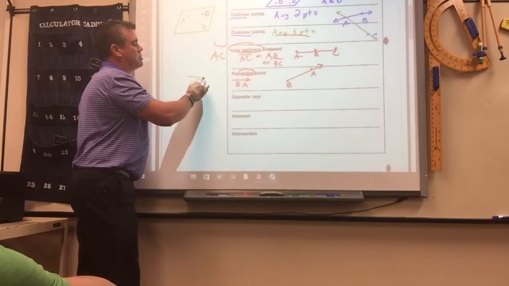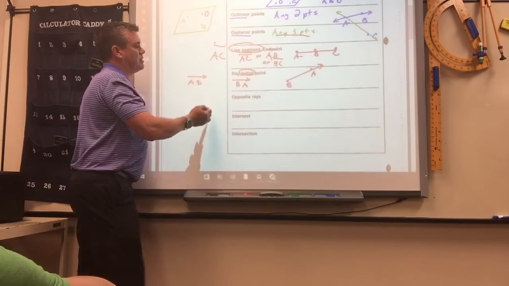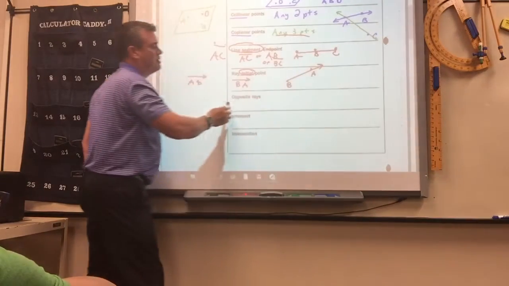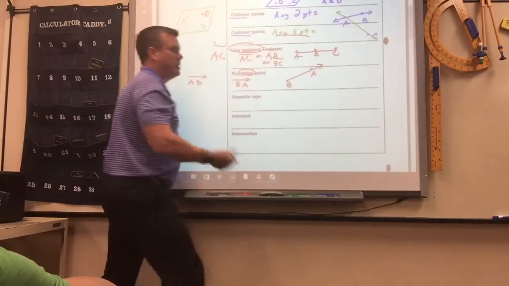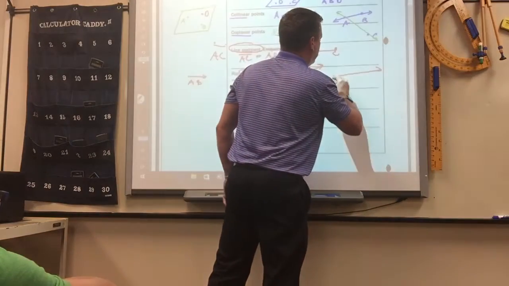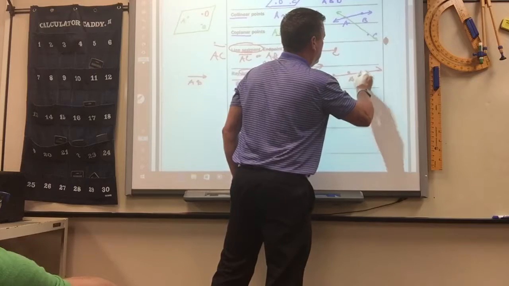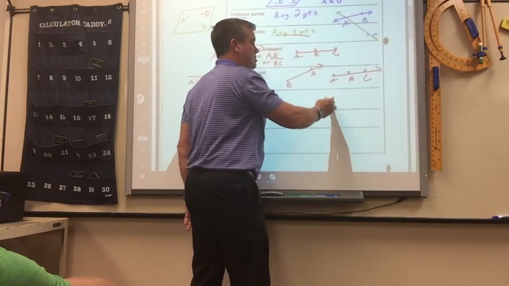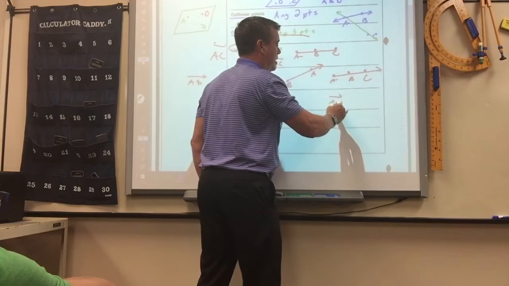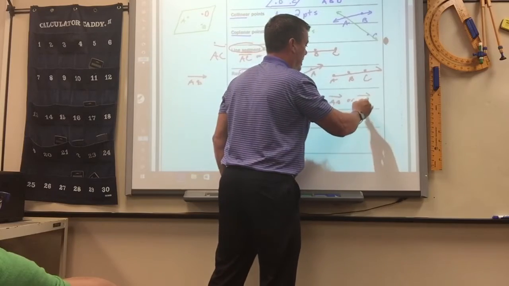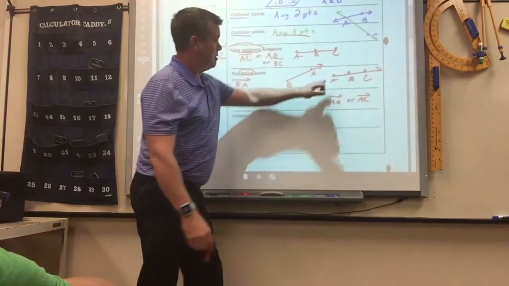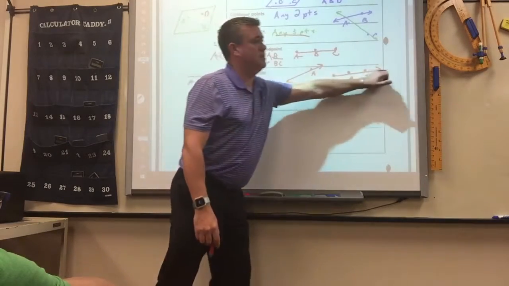If you name this ray AB, that would be incorrect because that means you start at A and you go this way. So if you have a ray like this, you could name this ray AB or ray AC. It's the same thing.